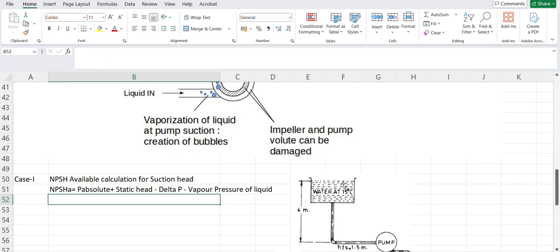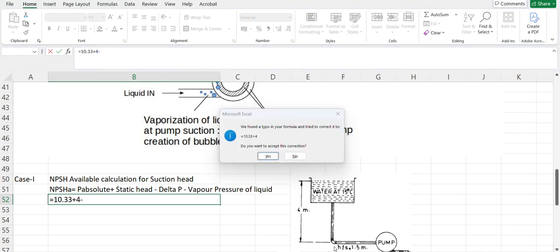This is a tank open to atmosphere, that means the absolute pressure P absolute is equal to 10.33 meters. Then the static head from the pump suction center line to the liquid height is 4 meters. Then we have to subtract the vapor pressure of the liquid, and in this case we just assume the vapor pressure.